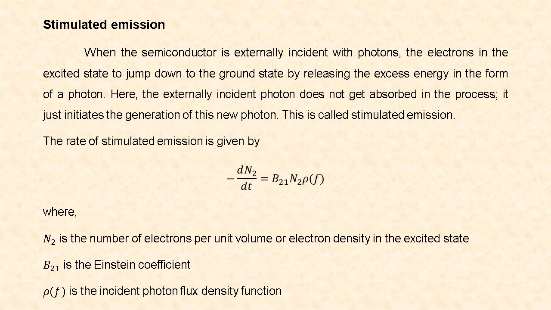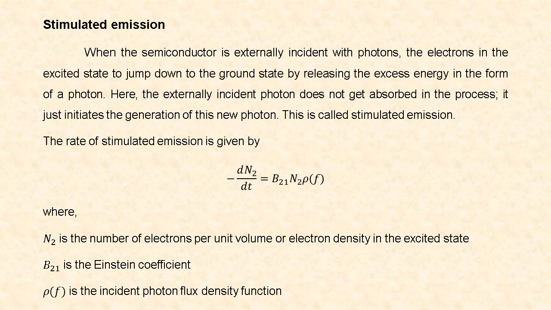Next is stimulated emission. When the semiconductor material is externally incident with photons, the electrons in the excited state jump down to the ground state by releasing the excess energy in the form of radiation, that is a photon. Here, the externally incident photon does not get absorbed by the semiconductor material.